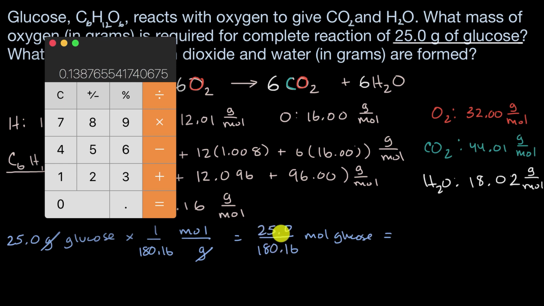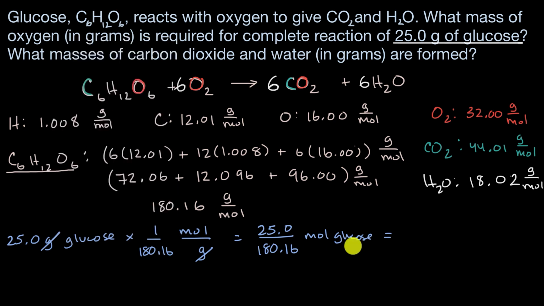And let's see, I have 3 significant figures divided by 5 significant figures, so I'm going to round to 3 significant figures. So 0.139. So this is approximately equal to 0.139 mole of glucose. Now, they say the first question is, what mass of oxygen is required for a complete reaction of this?